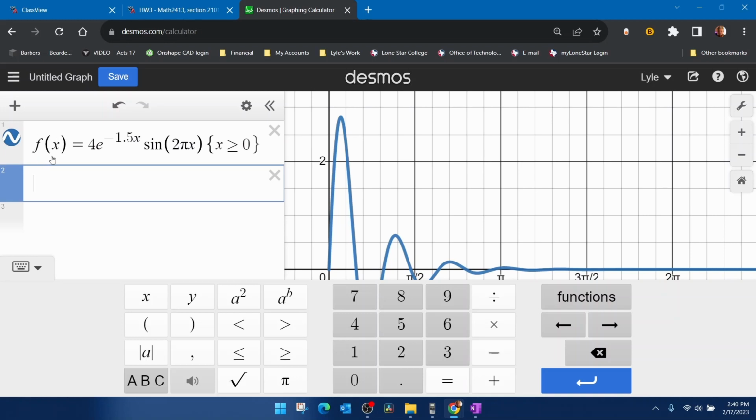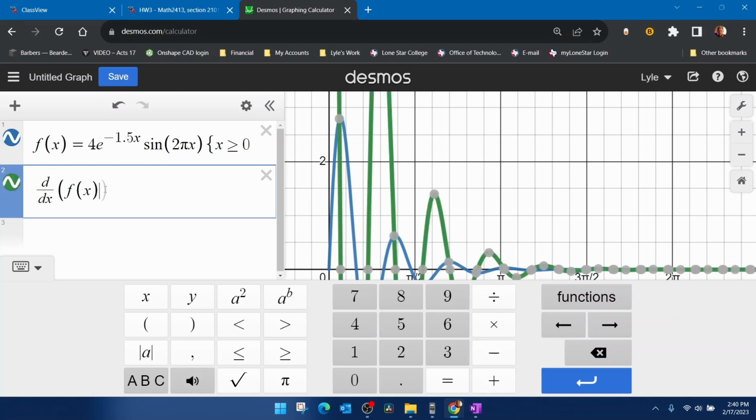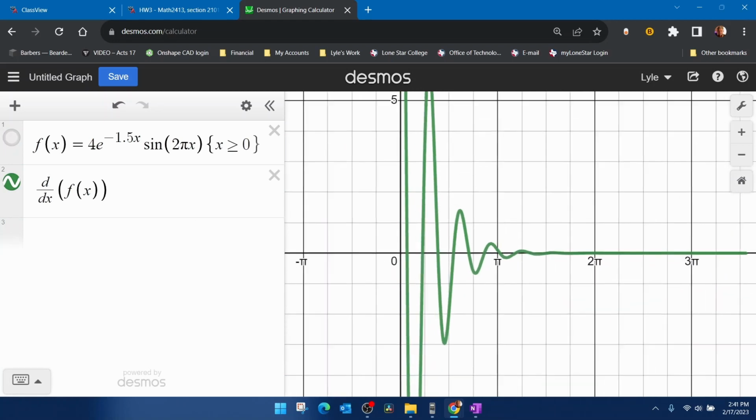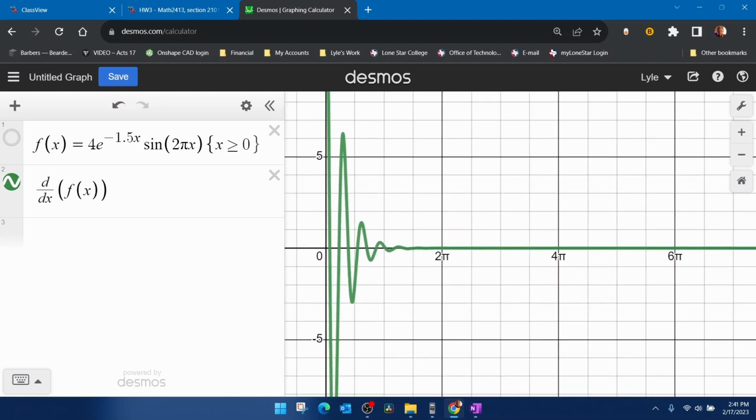If you input that as a function and you want the derivative, you can simply say with this notation, d over dx, the derivative with respect to x of f of x. And the green graph, here, let me turn the blue one off. The green graph, that actually represents your derivative graph, okay?